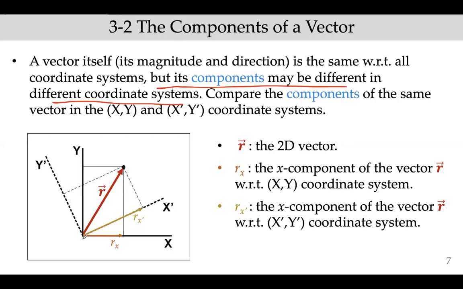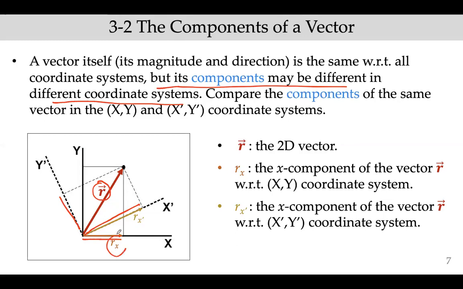The x component is this much. Now look at the x component of the same vector in the x prime and y prime coordinate system. In this coordinate system, the x component is longer, but the y component is shorter. So that's why when you calculate, again, the magnitude of the vector r, you still get the same magnitude.